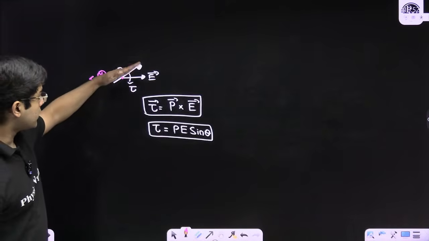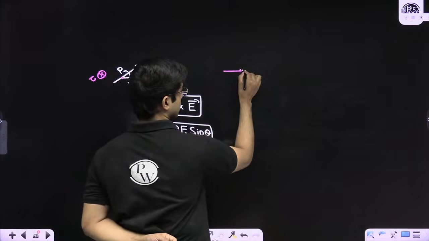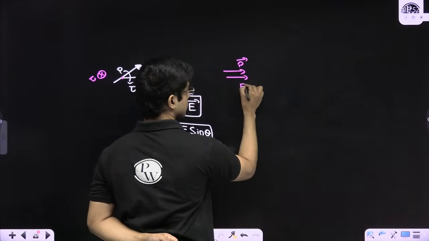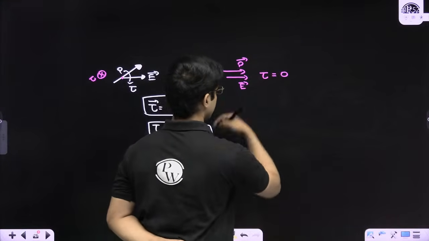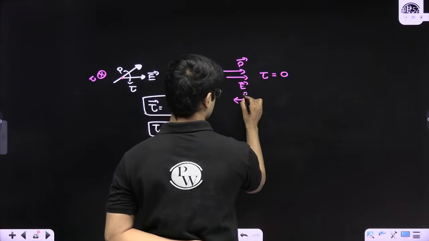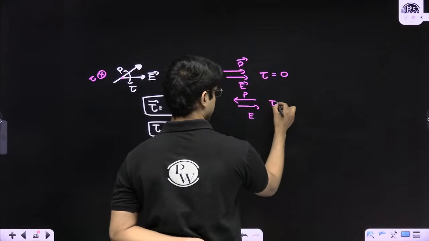If dipole moment and electric field are parallel to each other, then the torque will be 0, which means it will be in equilibrium. Same is the situation if it is anti-parallel. In this case also, torque will be 0.